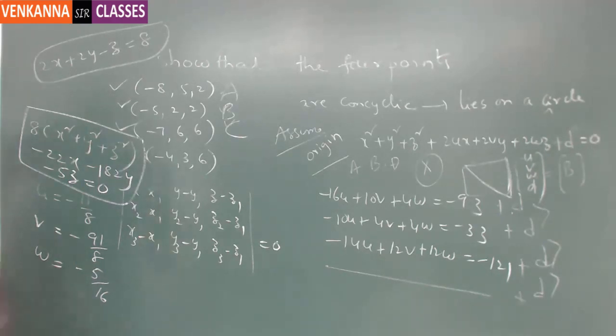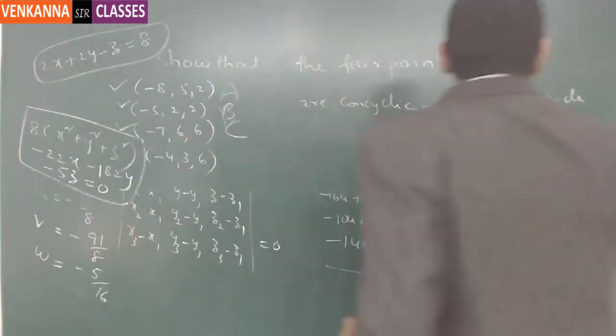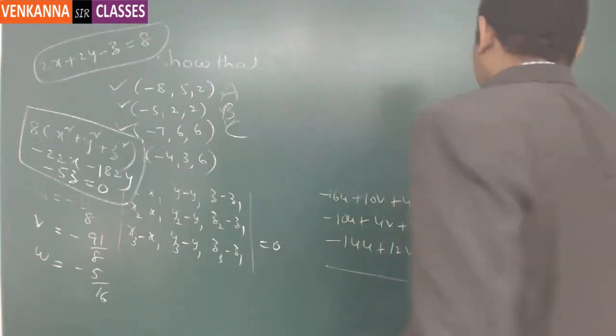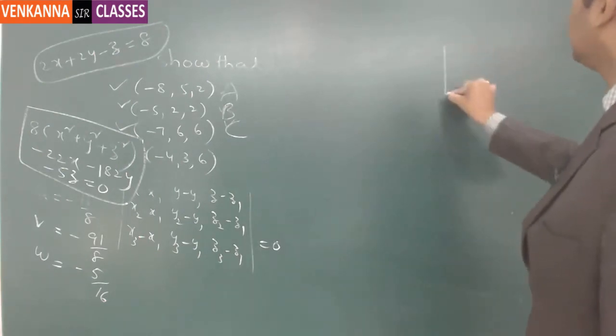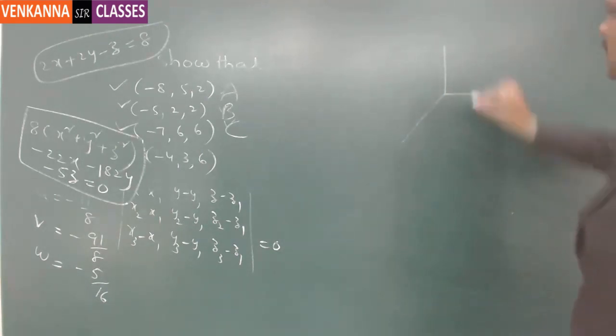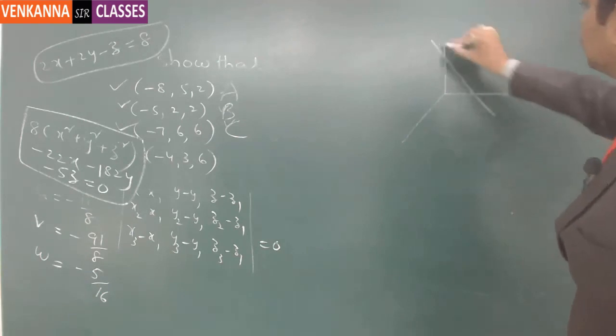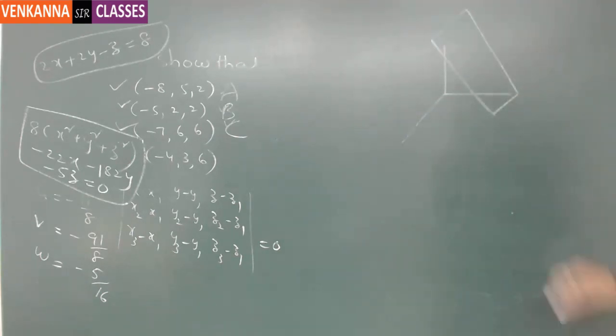The thing I can say, you can have a small visualization like this. If you say that in the 3D space, let us assume that this is the plane which contains the 4 points.